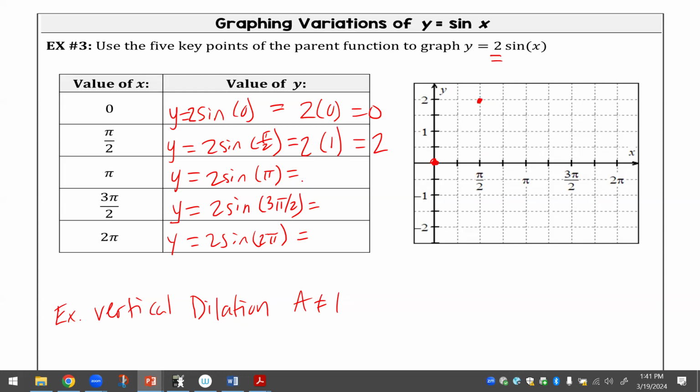That's why I said we have to learn our unit circle, because you won't be given it. What's sine of pi? So 2 times 0 is? What's the sine of 3 pi over 2? So what's the value? Negative 2. And then what's the sine of 2 pi?